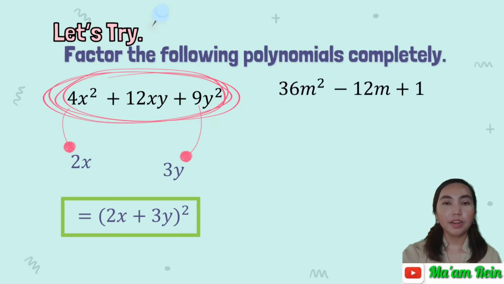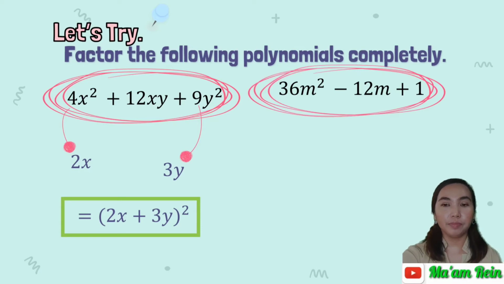Next, 36m squared minus 12m plus 1. Identify first if the first term and last term is a perfect square. So 36m squared is a perfect square and 1 is also a perfect square. So get their square roots. Kung ano yung square root ng 36m squared, that is 6m, and 1 is simply 1.